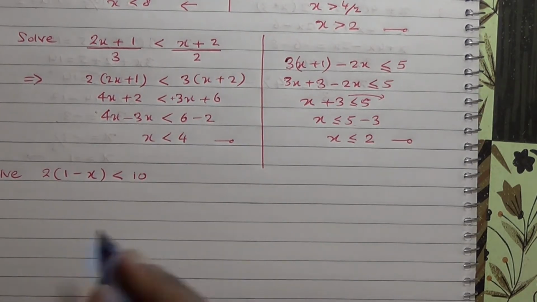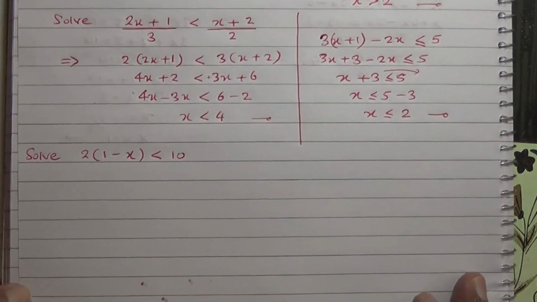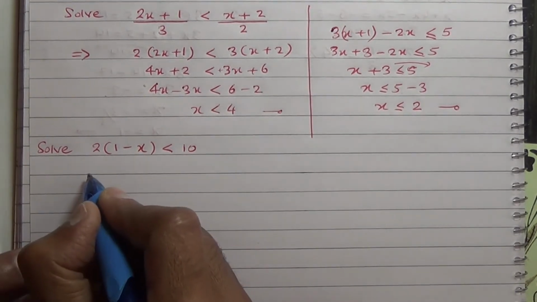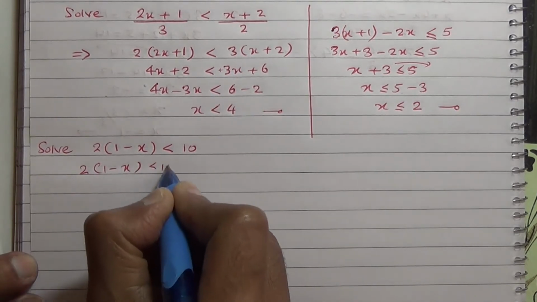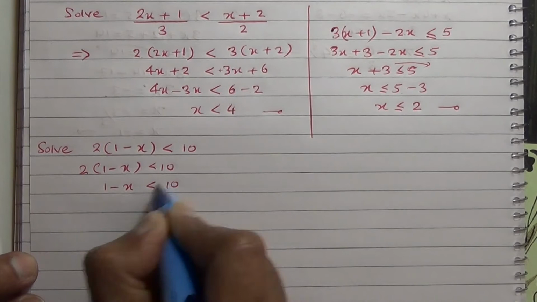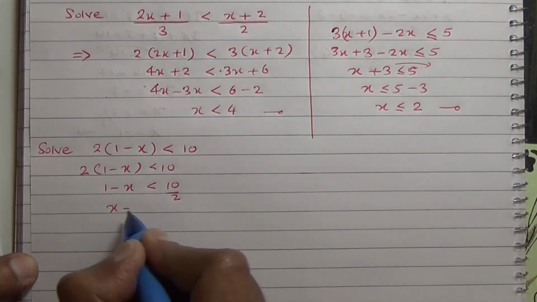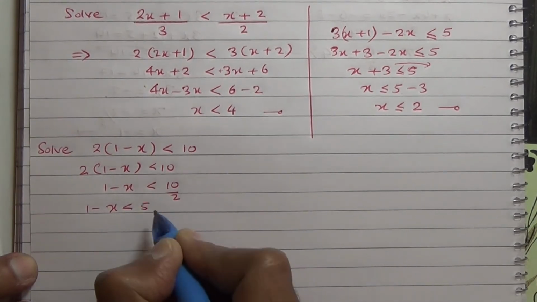So I've got 2 into 1 minus x being less than 10. That means 1 minus x is less than 10 divided by 2, so 1 minus x is less than 5.